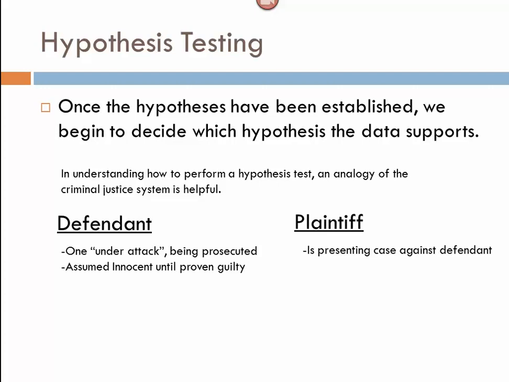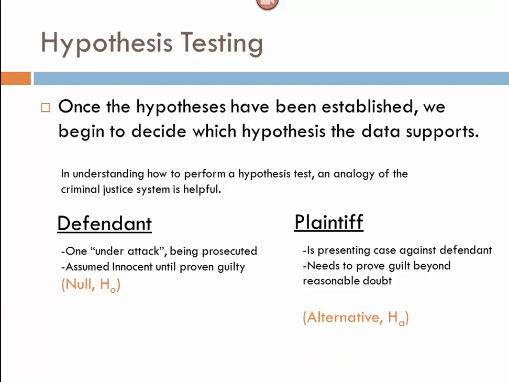Under the American justice system, we assume the defendant is innocent unless proven guilty, and the plaintiff is the one who has the burden of proving guilt beyond reasonable doubt. In a hypothesis situation, the defendant would be like the null hypothesis, and the alternative would be the plaintiff.